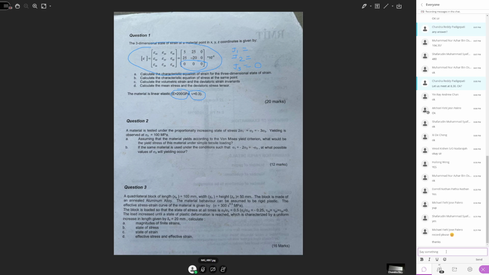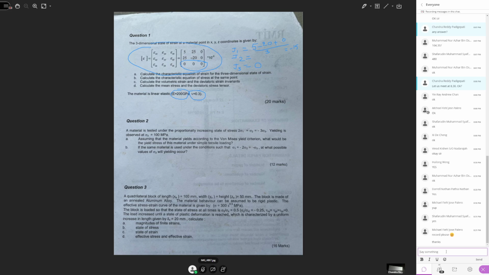J1 will be simply epsilon x plus the other normal strains: 5 minus 20 plus 0 over 3. So J1 will be negative 15, of course into 10 power minus 5.